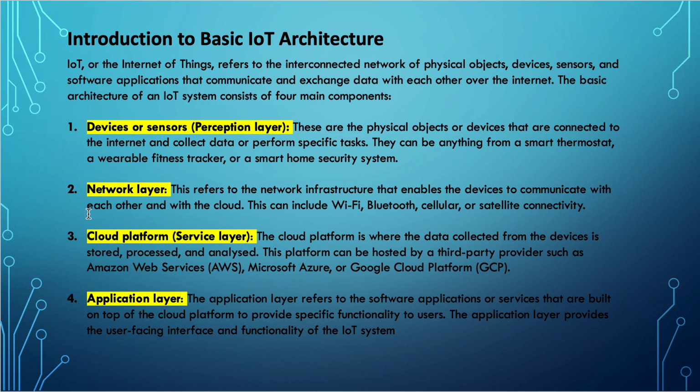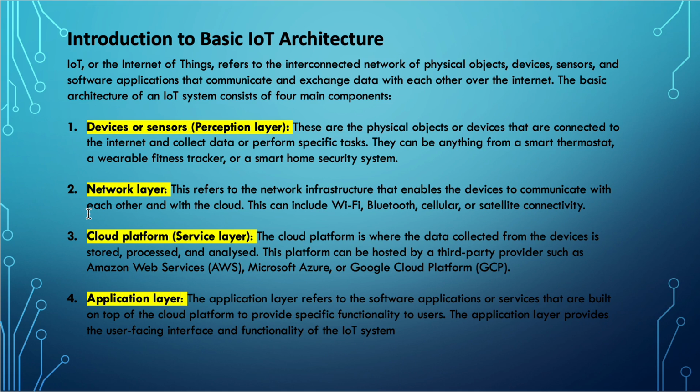Because in that we will talk about some important facts, such as why there are different kinds of methods of having networks, different protocols, and different networking methods. Why do we use them? What are the reasons these methods are used in IoT?